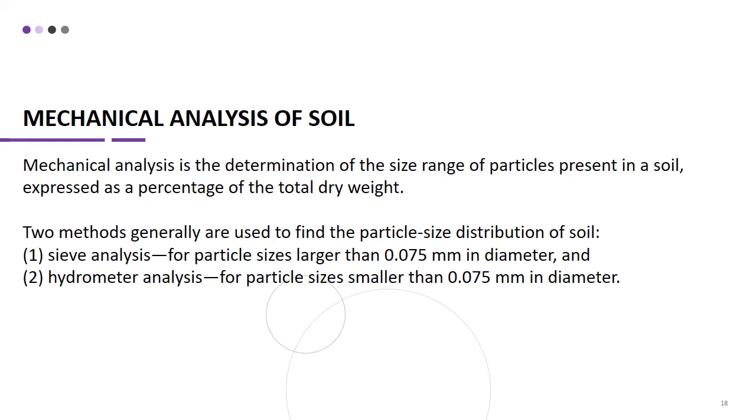We can assess which method to use by visually assessing the soil that we have obtained, whether it has large or smaller particle sizes. So it is up to us how we choose between these two.